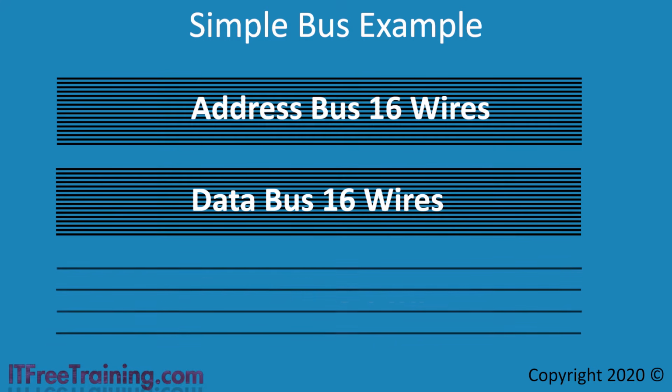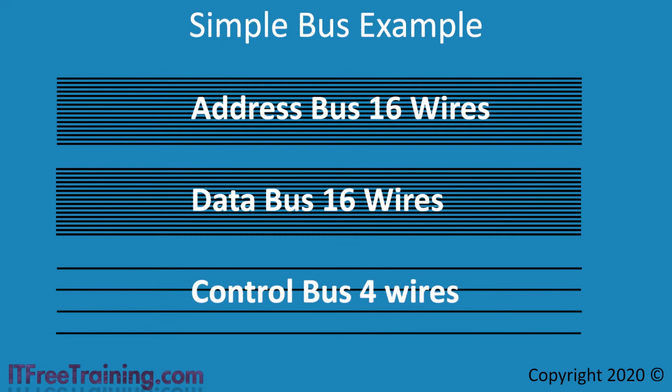Lastly, we have our control bus. In this example, there are only 4 wires. This is a simple example, and you would generally have more. But for this example, there is read, write, transfer acknowledgement, and a clock signal wire. The clock signal will determine when data is sent.